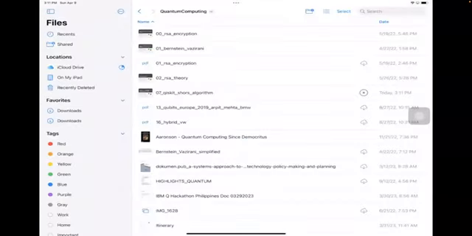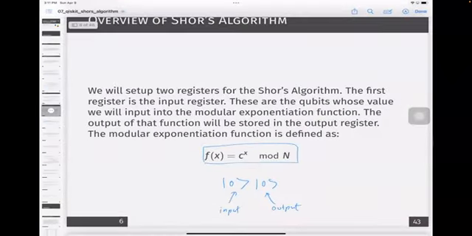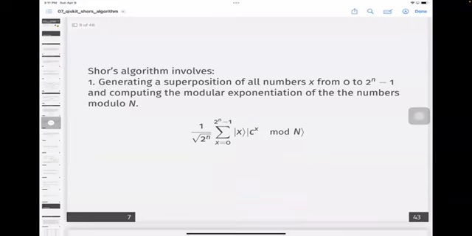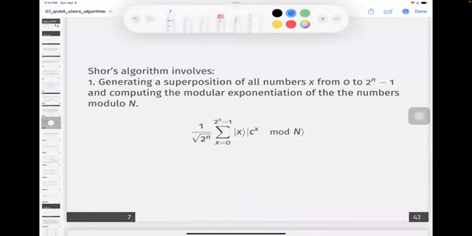Okay, so Shor's algorithm involves the following. We know that we have the input and output register, which are both initialized to 0.